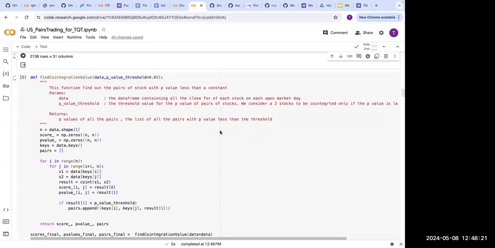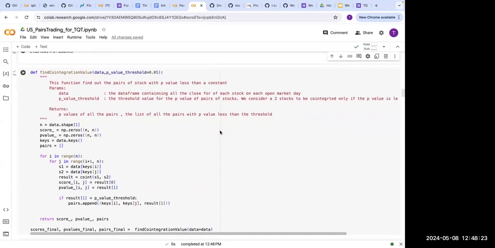So now let's see how we can do a co-integration. One thing that we have to find is the co-integration value, so we are creating a function for it. What the function does is it finds the pairs of stocks with a p-value less than a constant, right? The p-value is the value corresponding to how similar the stocks are.